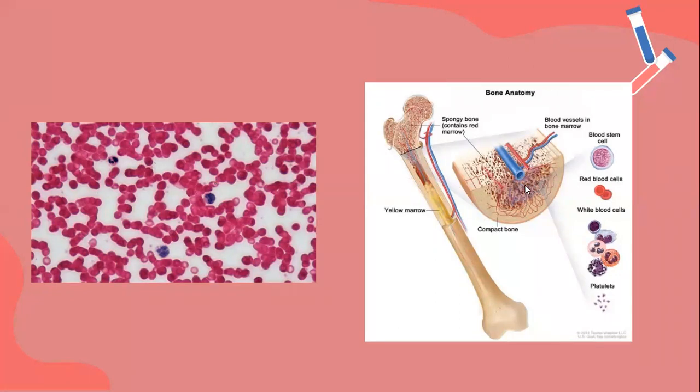And bone marrow is very important. You might have heard of bone marrow transplants. That's when kids, especially really young kids, have cancer in their blood, like leukemia or lymphoma, which unfortunately is very common in children.